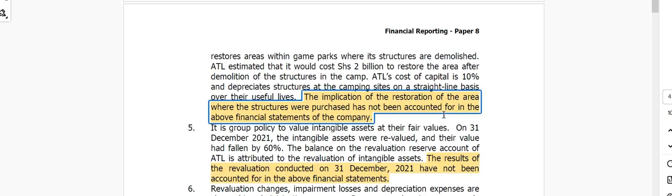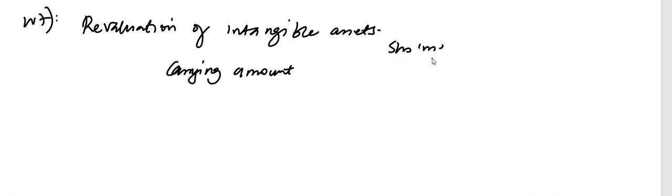On 31st December, the intangible assets were revalued and their value had fallen by 60%. So first check the intangible assets value. It is 3.5. The carrying amount at the end of the year is 3.5. Remember, the effects of revaluation have not been accounted for.